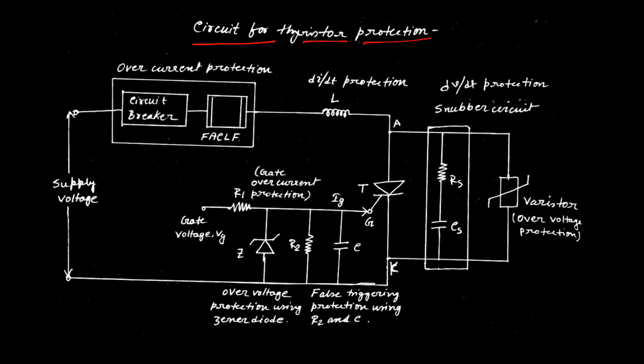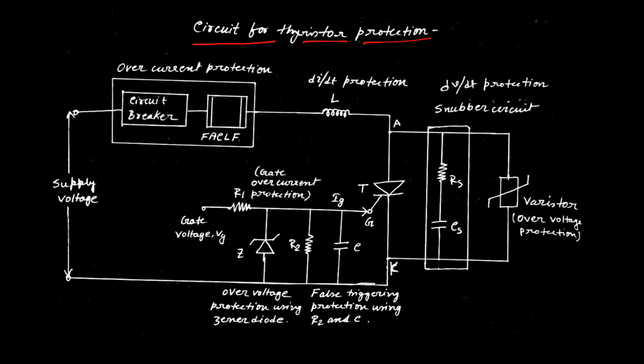To protect from overvoltage, normally a varistor is used. The normal working of the varistor is just like a nonlinear resistance, meaning it decreases its resistivity with an increment of the current. So overvoltage protection, dv/dt protection, di/dt protection, and overcurrent protection are all done.